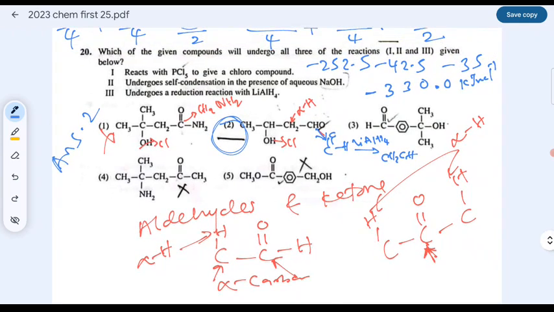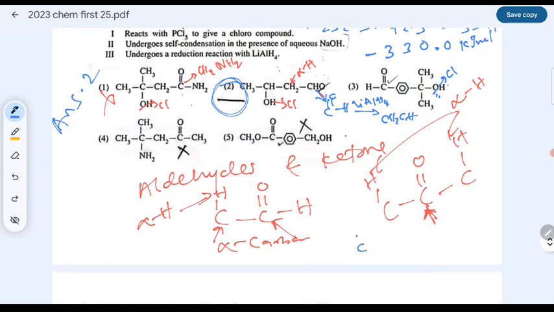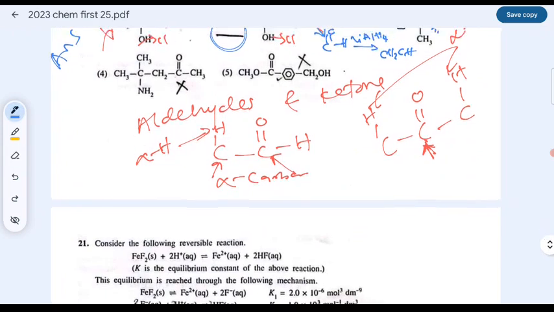So, we'll go through the others as well. Third one, reacts with PCl5 to give chloro compound. Here Cl is formed. Then undergoes self-condensation in presence of aqueous sodium hydroxide. No, it can't do a self-condensation here. Why? Because if I take this one, this CHO will go down, right?